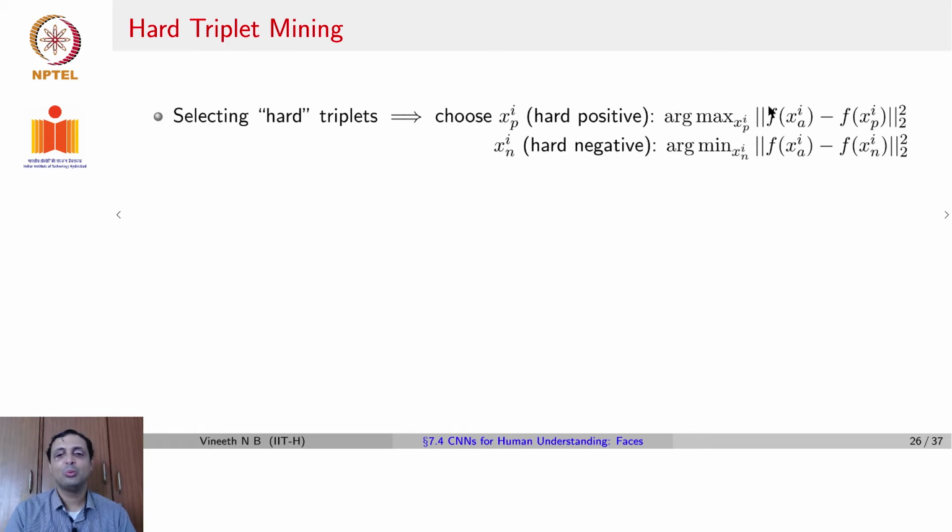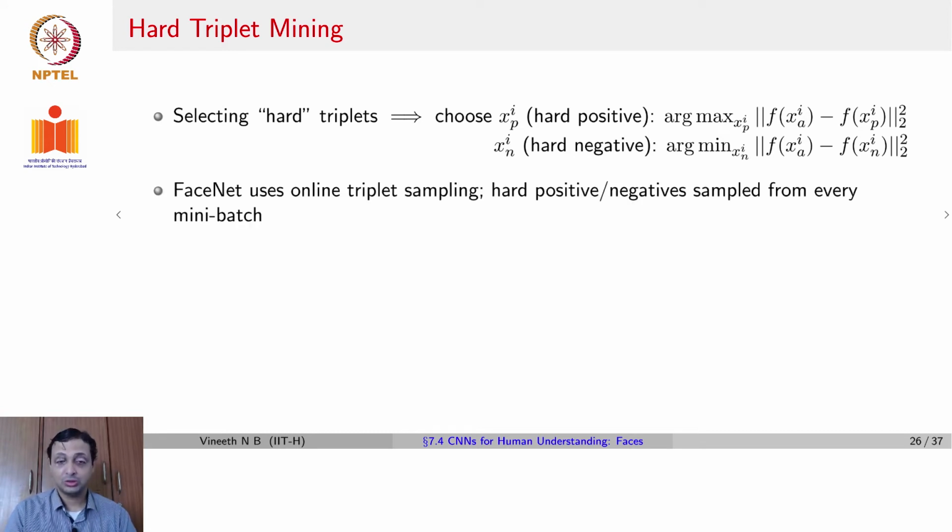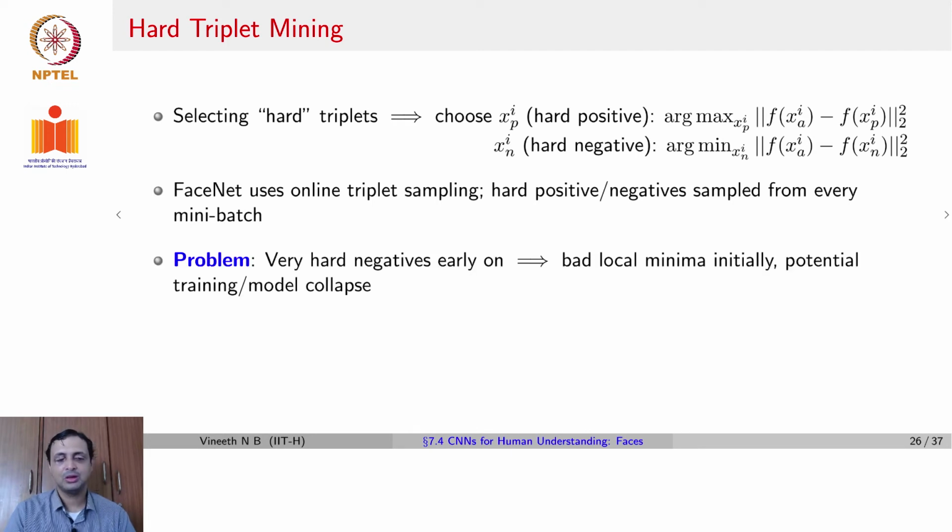Those samples where the distance to positive samples is the highest would be a hard positive, and where the distance of the anchor to a negative is minimum would be a hard negative. So we choose those kinds of samples in a given mini batch as hard triplets that we can train the network on. So FaceNet actually uses online triplet sampling, where hard positives and negatives are sampled from every mini batch.